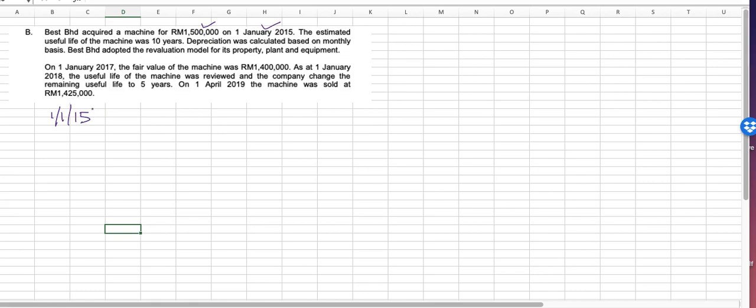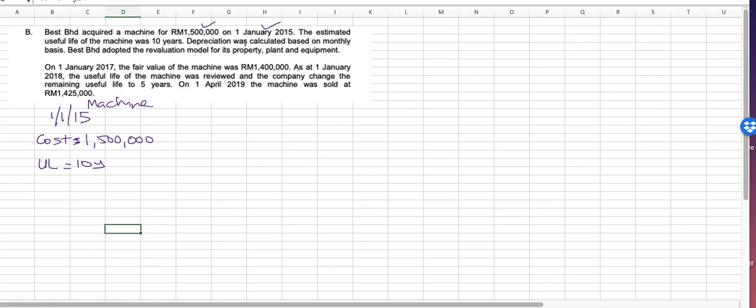So we have the machine and the cost is 1.5 million. Okay. The estimated useful life of the machine was 10 years. So useful life is 10 years.